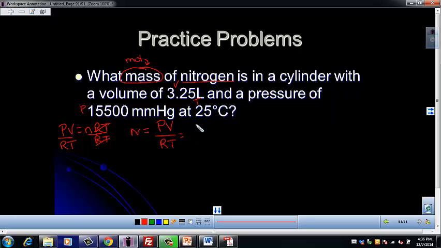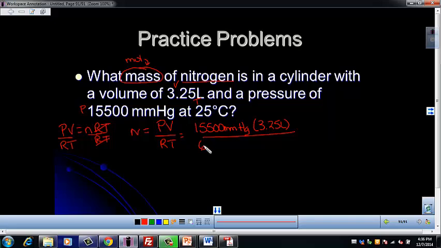Our pressure is 15,500 millimeters of mercury. That sounds really high, doesn't it? And then our volume is 3.25 liters. The R that we choose should be the R that has the correct unit of pressure here, millimeters of mercury.